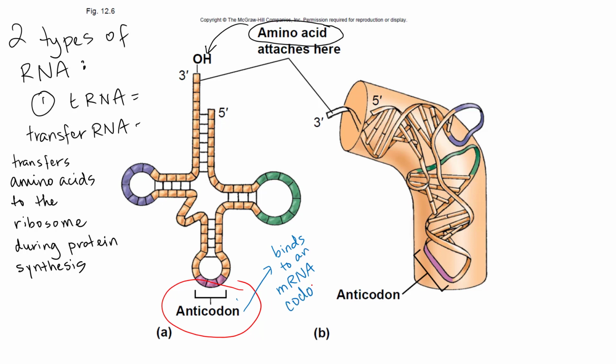It's just one tRNA. Each tRNA recognizes each codon with its anticodon. So it has a complementary sequence that would bind there. That's how it knows which amino acid to bring in, in the correct order.